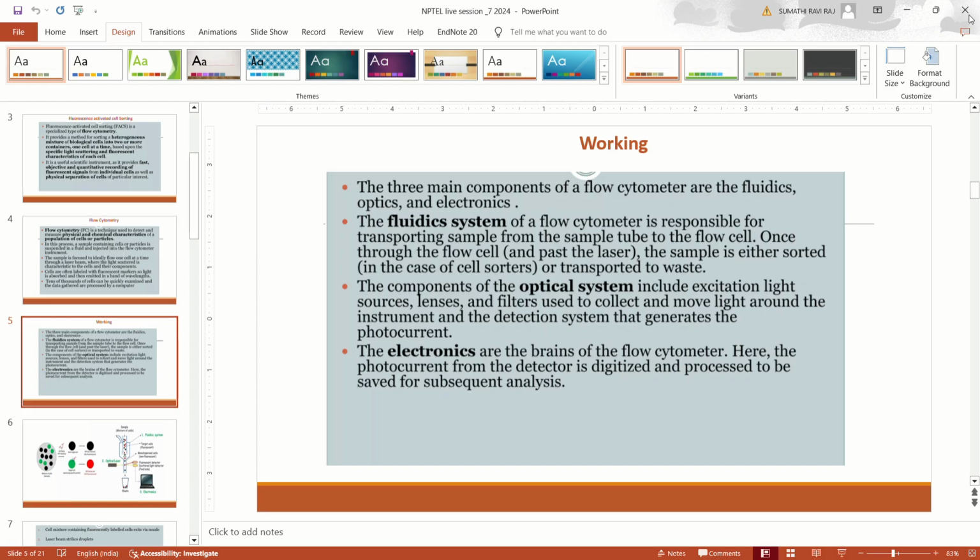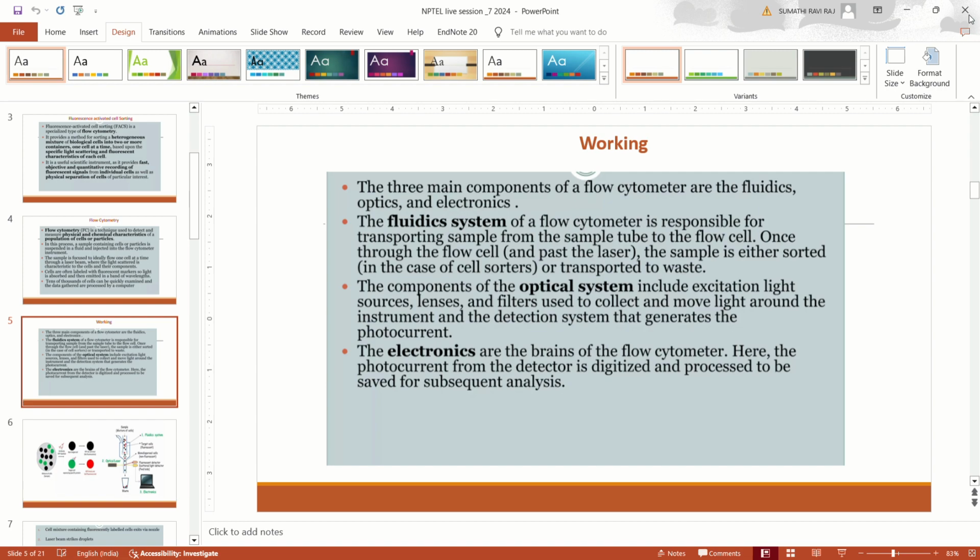Working. The three main components of a flow cytometer are fluidics, optics, and electronics. The fluidic system of a flow cytometer is responsible for transporting the sample from the sample tube to the flow cell. So there are different parts of a flow cytometer.